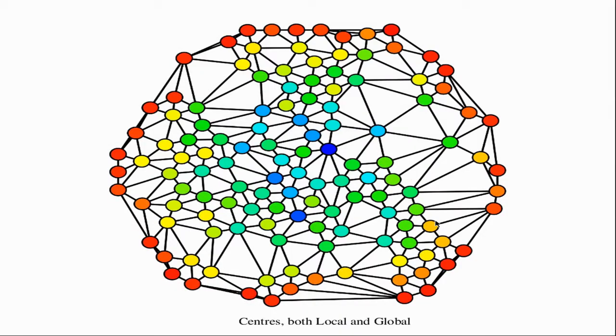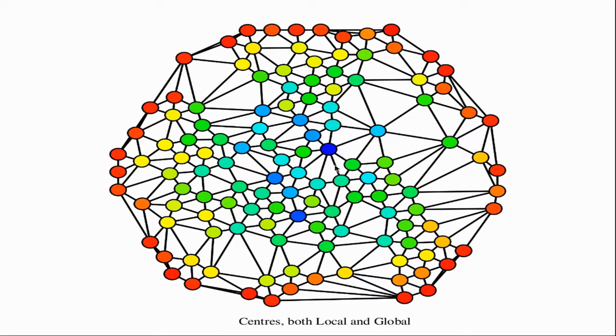We have concepts of betweenness. Here, for instance, is a topological representation of a social network, where, going from red to bluest blue, those red dots have the least betweenness, and therefore have the most redundancy within the network, compared to, for instance, this blue here that has the most betweenness.